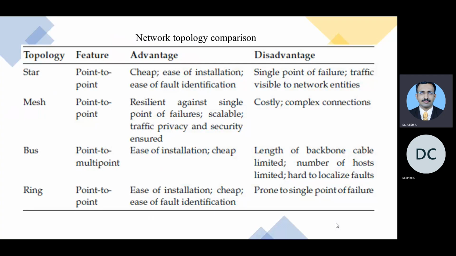What about the ring topology? You can say that it is easy to install and cheap, and it is easy to identify faults, and all other advantages. It is prone to single point failure, that is the disadvantage. So this table is very important. It explains everything.